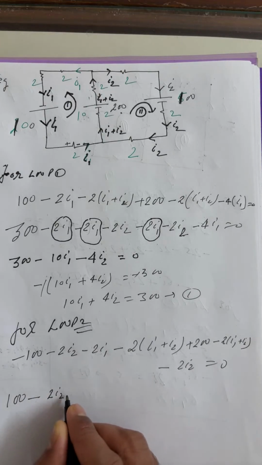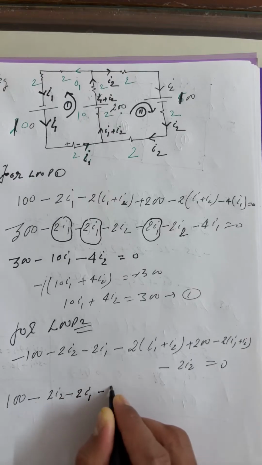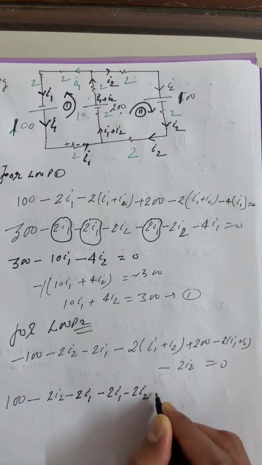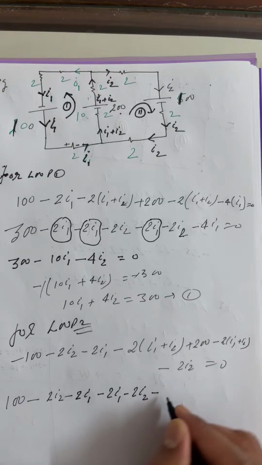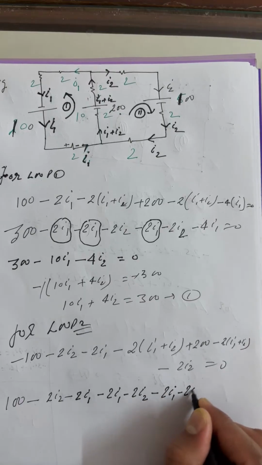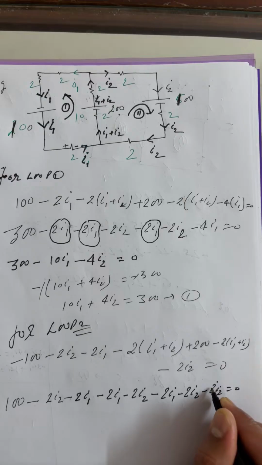Minus 2 I2 minus 2 I1, minus 2 I1 minus 2 I2, which is minus 2 I1 minus 2 I2, minus 2 I2 is equal to 0.